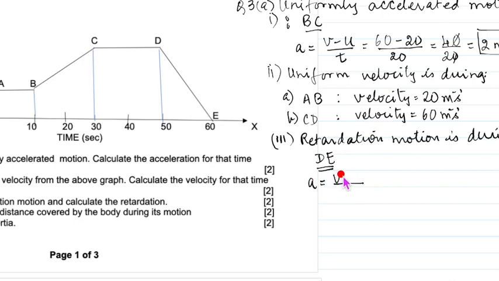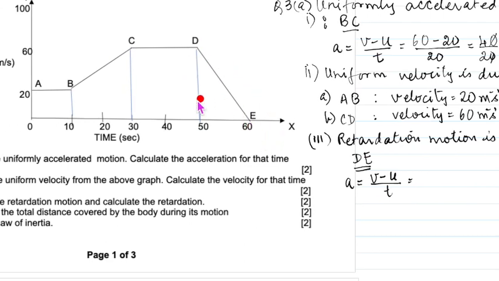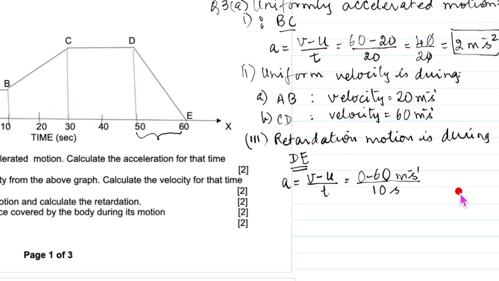And retardation is negative acceleration. Remember, acceleration is V minus U upon T. So your V is going to be 0 and your initial velocity, that is U, is equal to 60. So we will write 0 minus 60, and that happens during this time, that is 10 second.